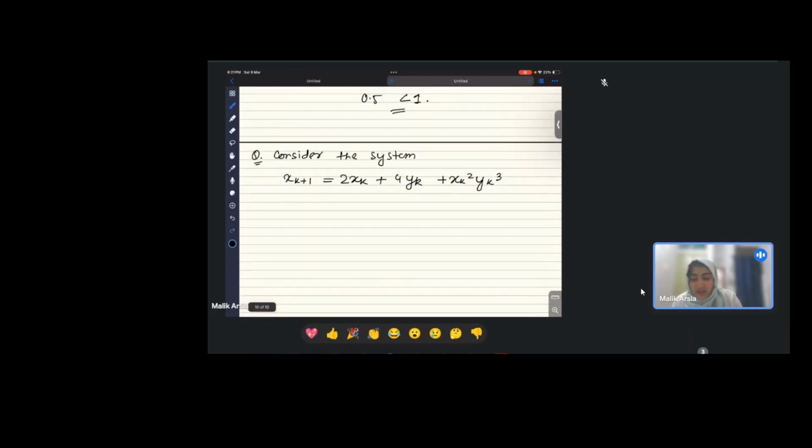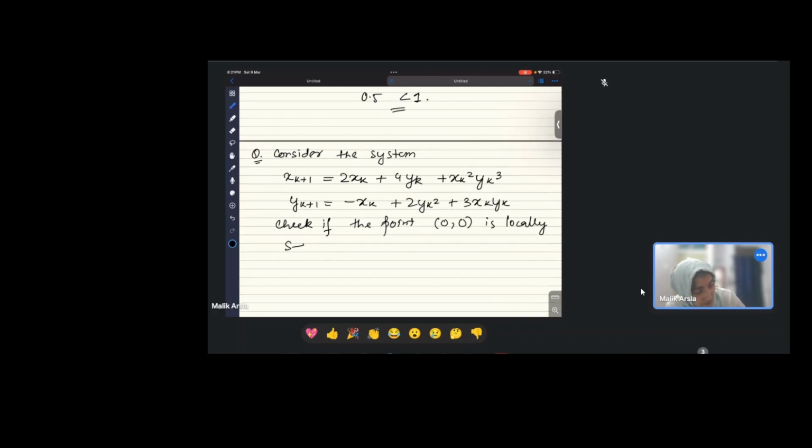Check if the point (0, 0) is locally stable or not.